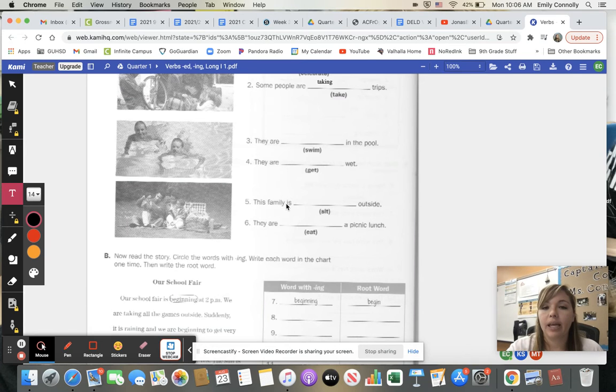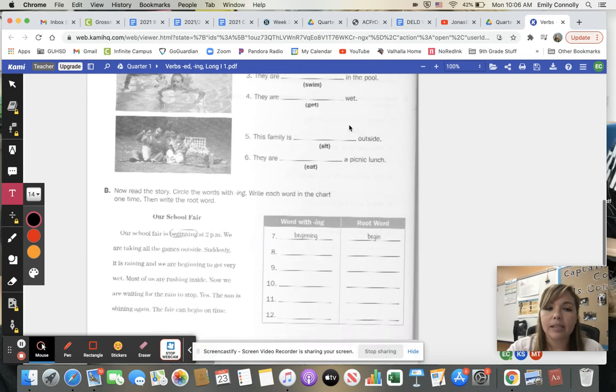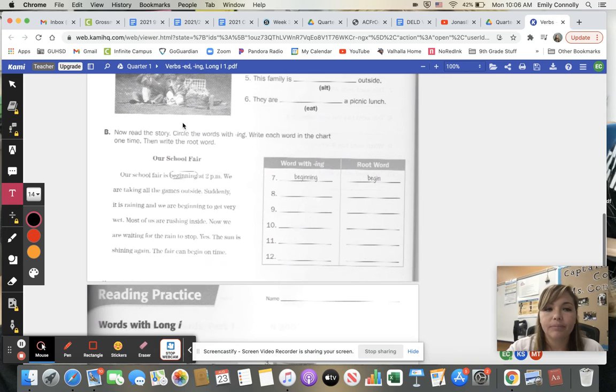This family is sit plus ing outside. They are, hay muchas personas, are eat plus ing a picnic lunch. When you're finished with these ones, let's move on.